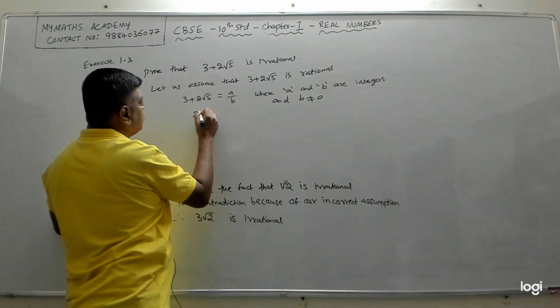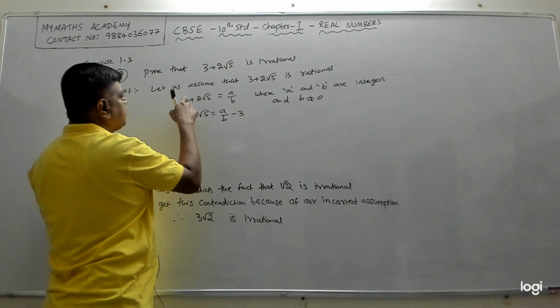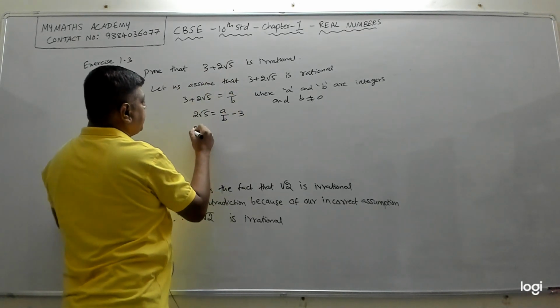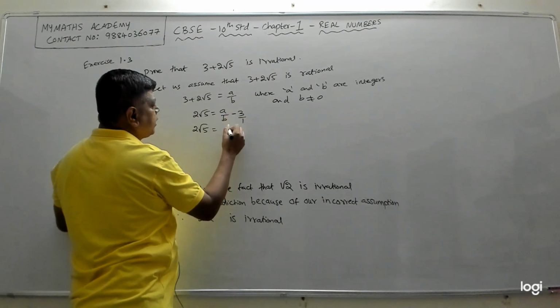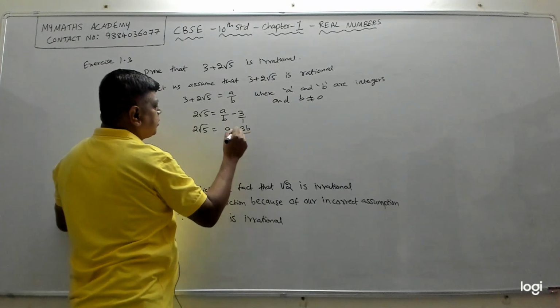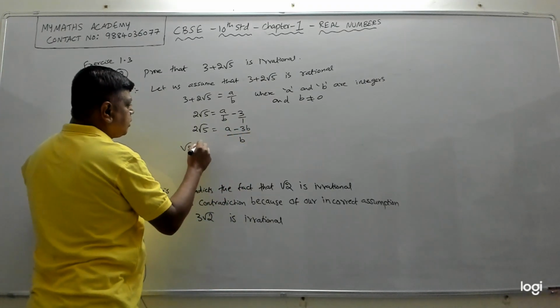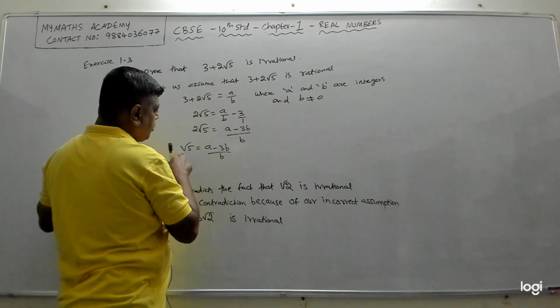So I will get 2 root 5 is equal to a by b minus 3. This is plus 3; if it goes here, it will become minus 3. Now if I add these two, 1 into a minus b into 3 is 3b, by b into 1 is b. Now we will get root 5 equal to a minus 3b by b. This 2 will come down, so it will become 2b.